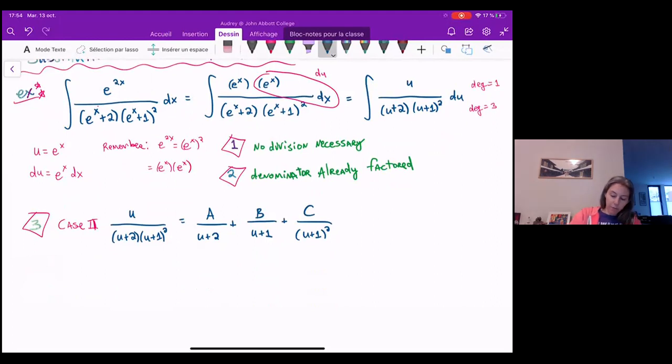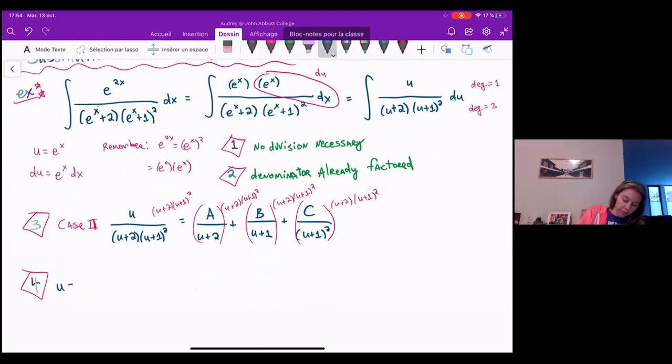And then for step 4, I'm going to solve for my numerators by multiplying both sides by the original denominator, which is just u plus 2 times u plus 1 squared. And so each of these terms gets multiplied by u plus 2 times u plus 1 squared, which means I have a u left on the left side.